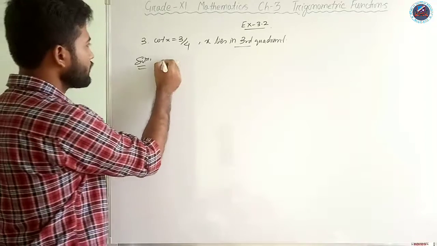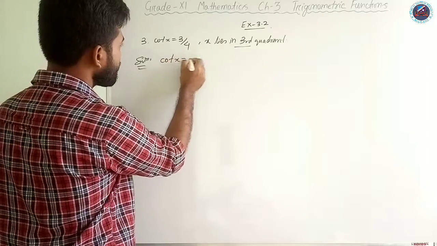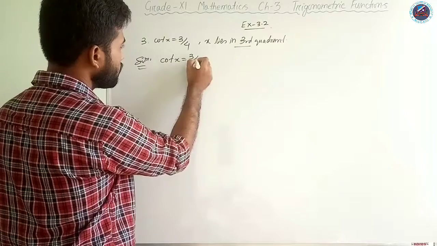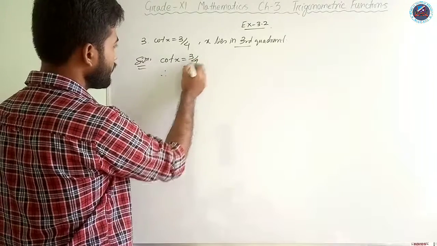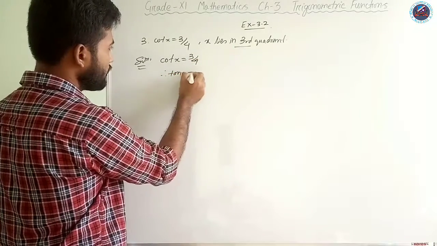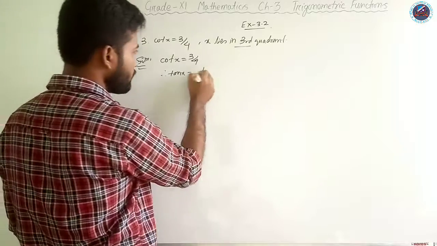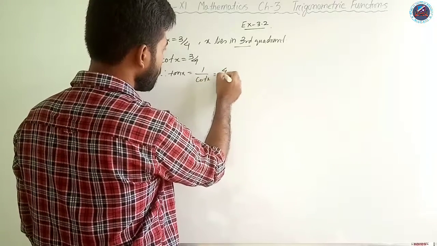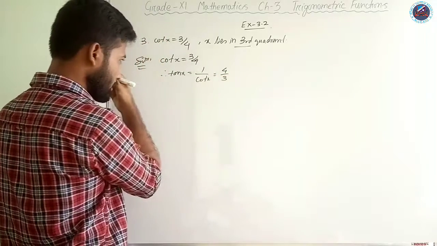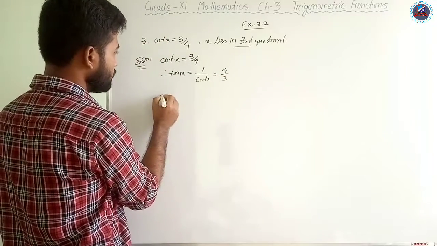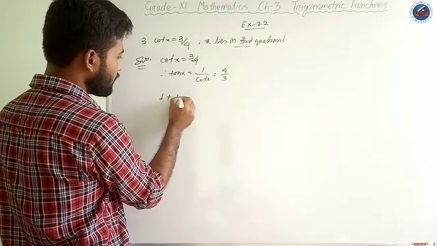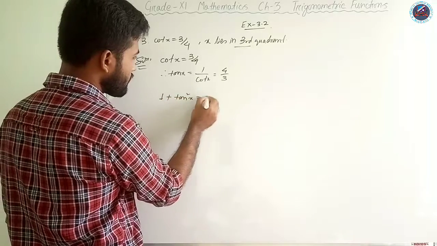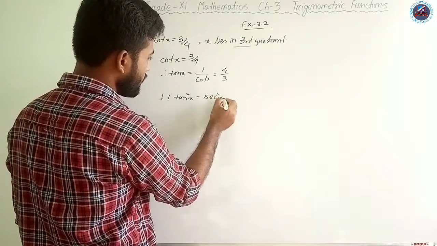So here it is given cot x is equal to 3/4. Therefore what about tan x? Tan x means 1/cot x, and that is equal to 4/3. Okay, now we know that 1 plus tan square x is equal to sec square x.